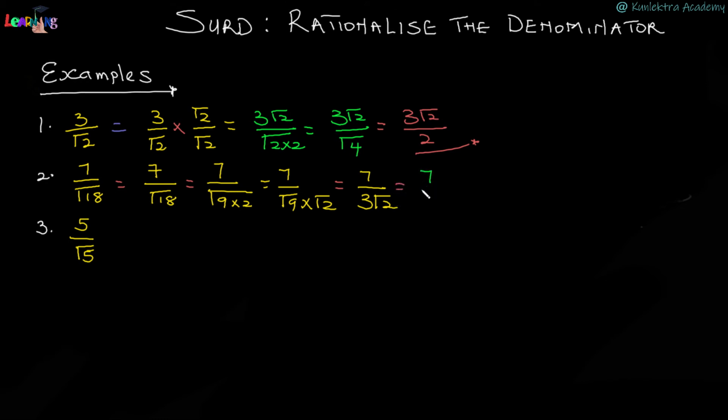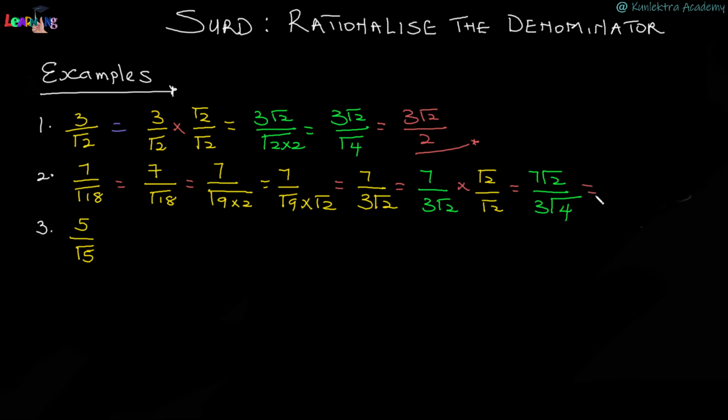You have 7 over 3 root 2, and you multiply the numerator and the denominator by the surd, root 2, so root 2 over root 2. 7 times root 2 gives us 7 root 2, over 3 times root 2 times root 2, which is root 4.